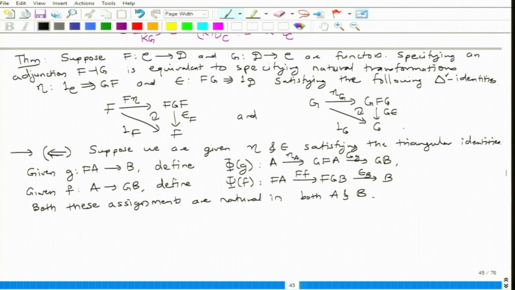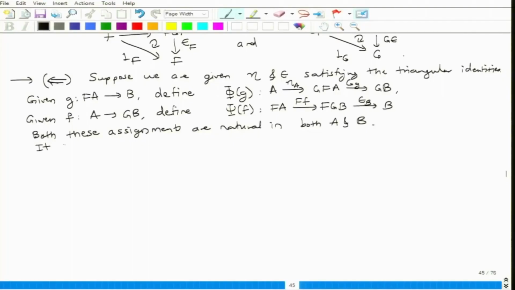So what remains to check is that they are inverses of each other. So it only remains to show that they are inverses of each other. Okay, so let's try that.